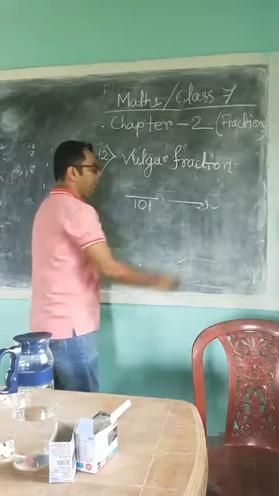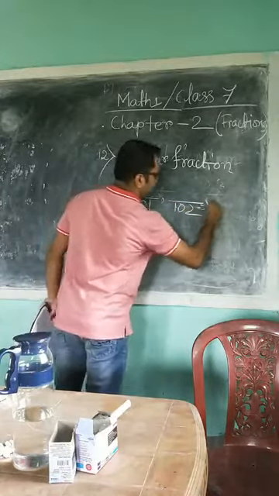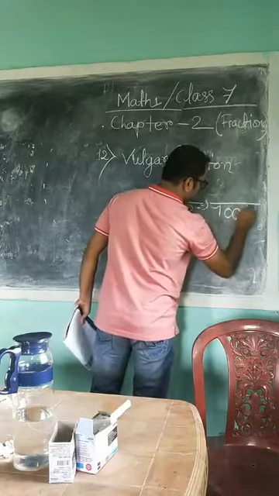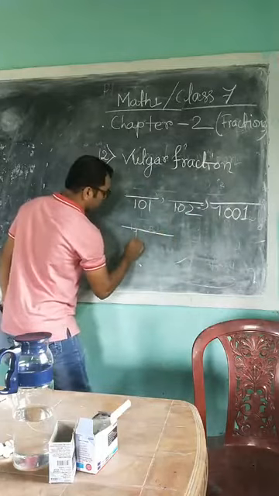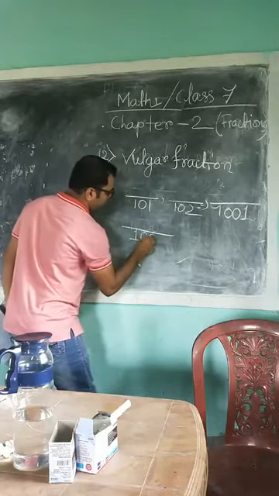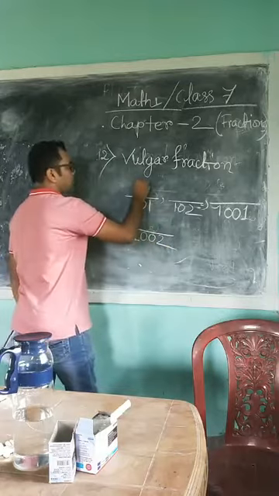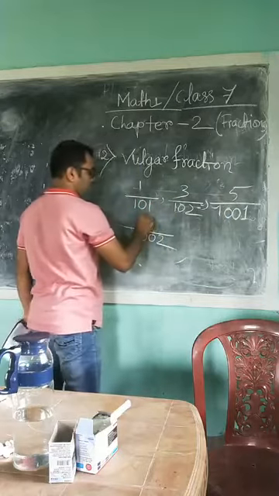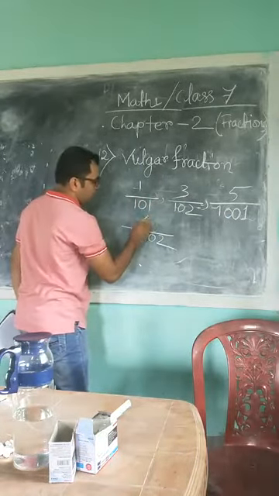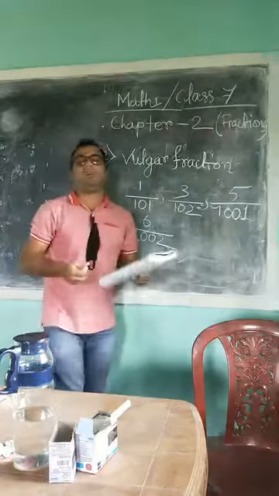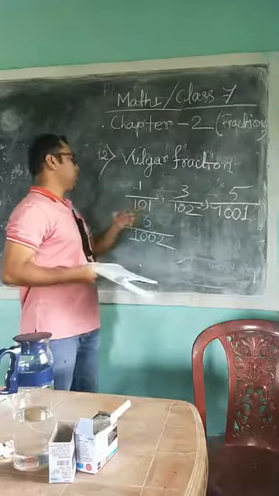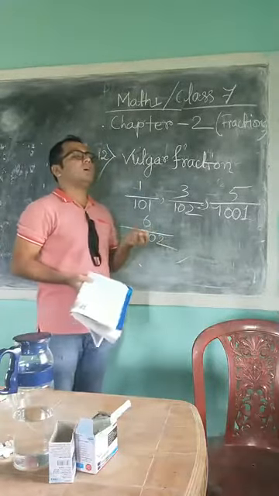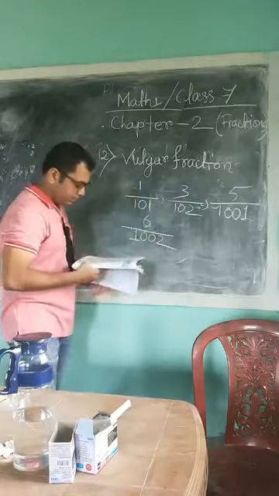Suppose 101, 102, 1001, 1002, but not 100. This kind of number can be expressed as vulgar fraction. That means below in the denominator there will not be 10, 100, then 1000. This number will not be included in vulgar fraction.